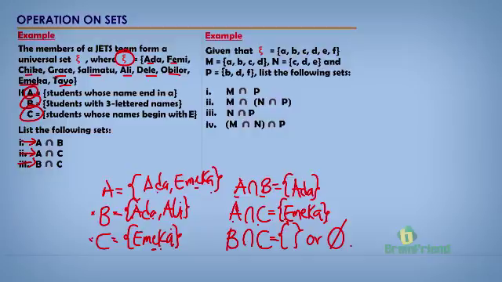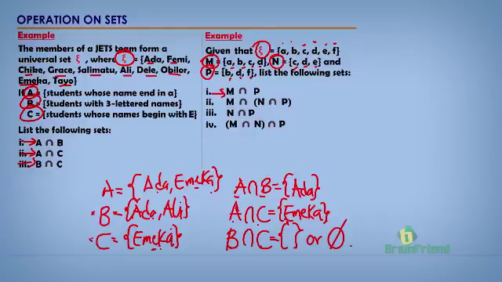Let's quickly look at our second example here. If we have a universal set with elements A, B, C, D, E, and F, and we also have M with elements A, B, C, D, N has elements C, D, E, and P has elements B, D, F, we've been asked to list the following sets.